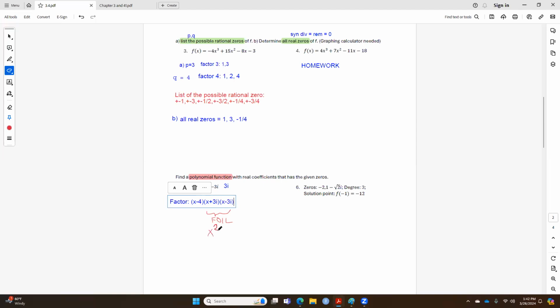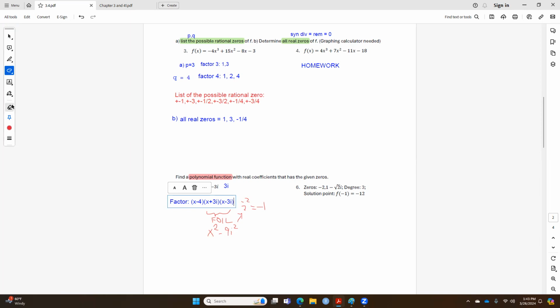So when you FOIL this, you get x times x, which gives me x squared. And then the positive 3i times negative 3i, you get negative 9i squared. Plus 3 times 3 is 9, and i squared. But if you remember what we did last time in complex numbers, i squared is the same thing as negative 1.